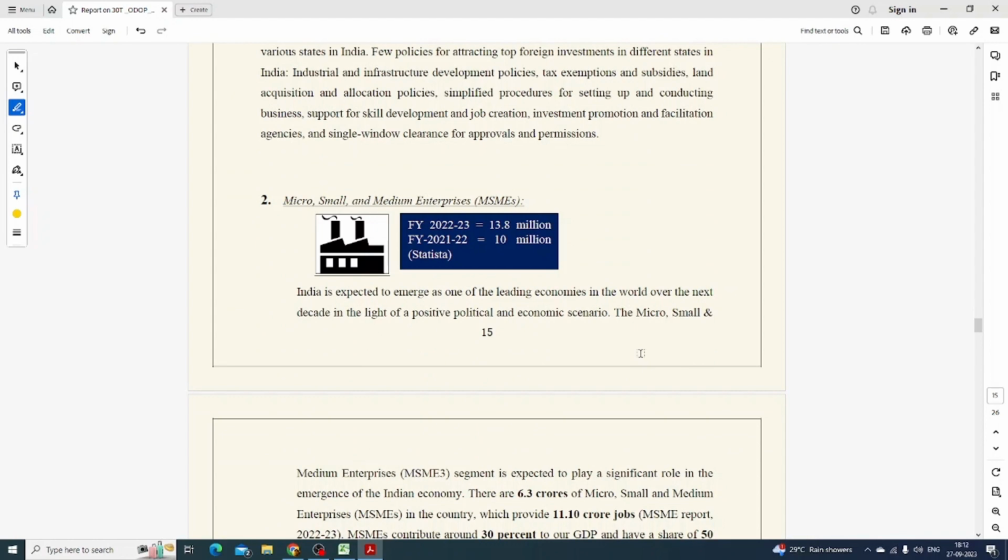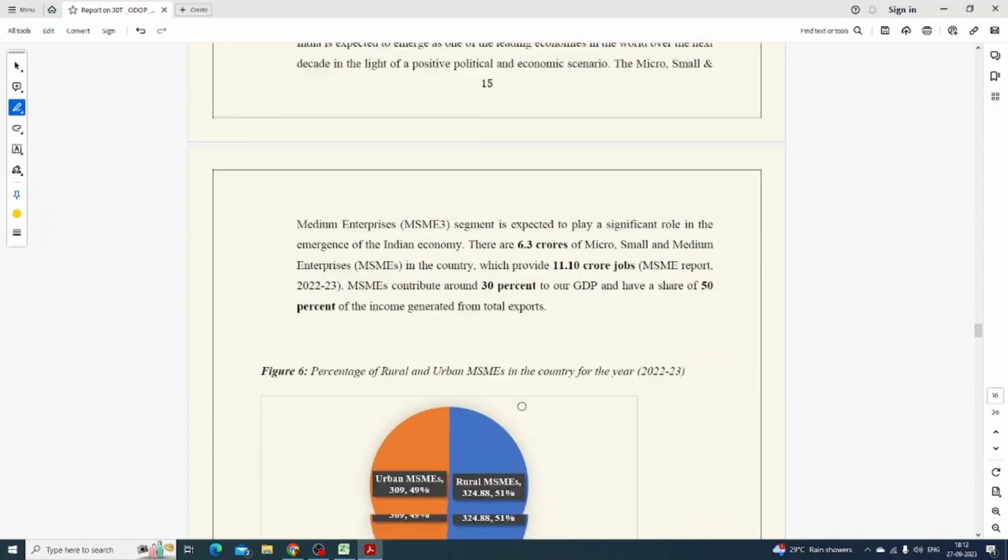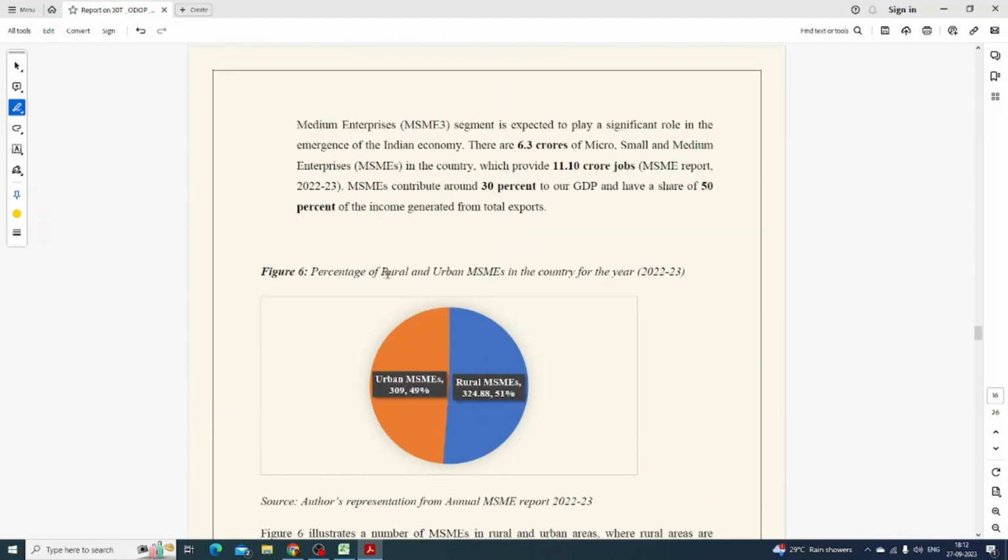And then MSME, they have given the figures. You can see in MSME the major change right now is that there are a lot of MSME registrations and MSME startups from the rural part of India. It's not from the urban part of India. So it is an indication that the rural part of India is getting educated.